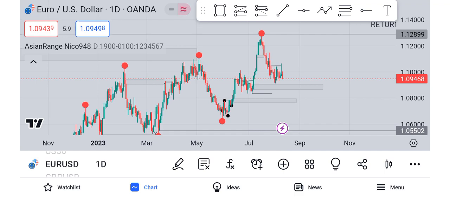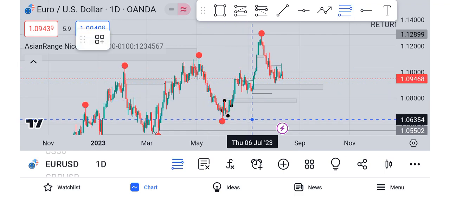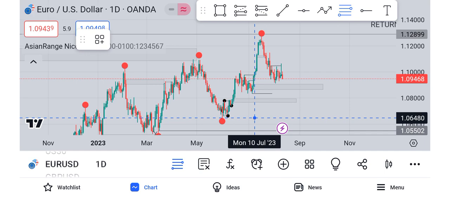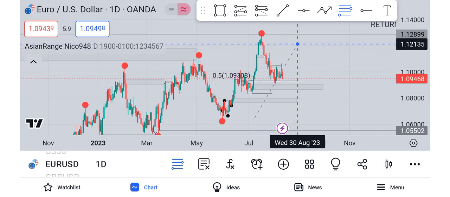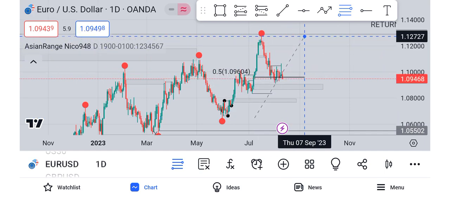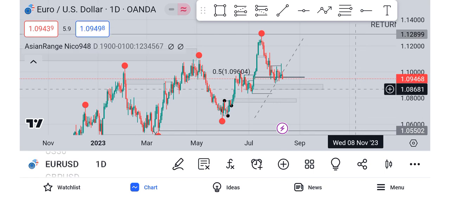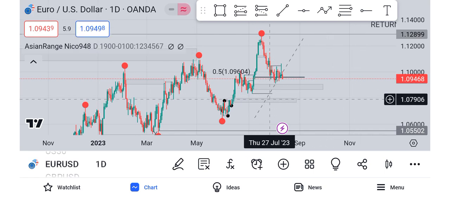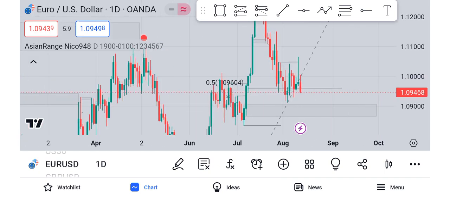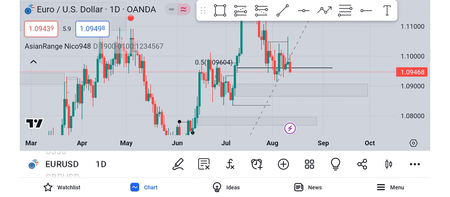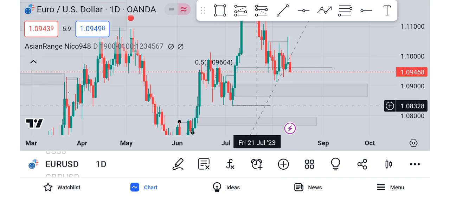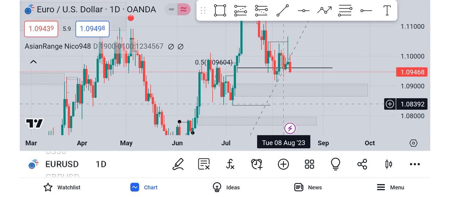But I just noticed something: price has already reached its 50% discount, yet it hasn't taken this internal range liquidity, this low. I'm expecting price to take out this daily time frame internal range liquidity before doing what.